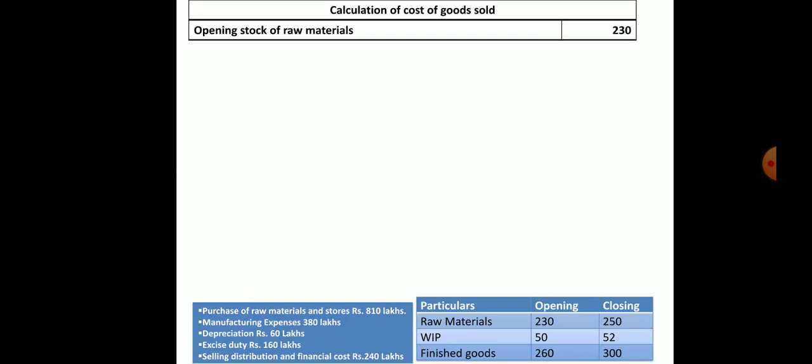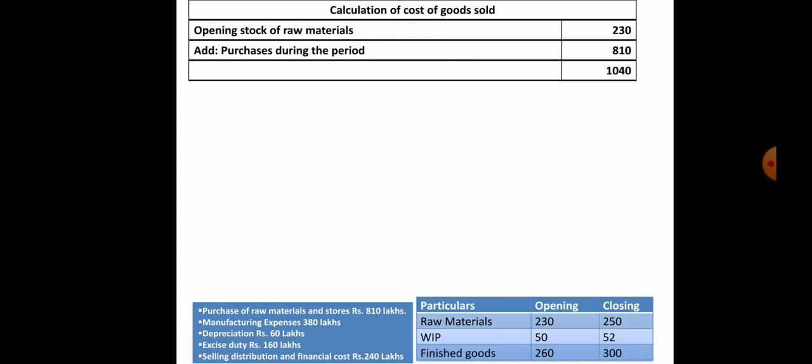Okay, first, what is the format? First is the opening balance of raw material, which is 230. To this, you have to add additional purchases during the year. If you have made any purchase, we have to add that. In the note they have given 810 lakhs. If you add these two, 230 lakhs plus 810 lakhs is 1040 lakhs.